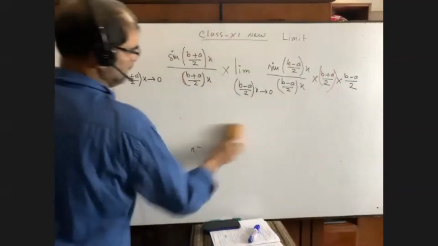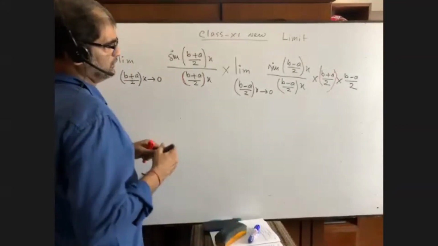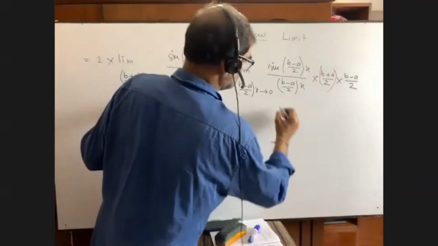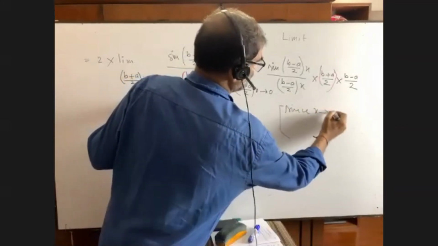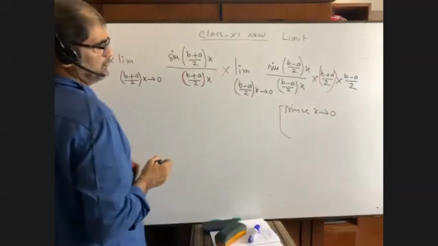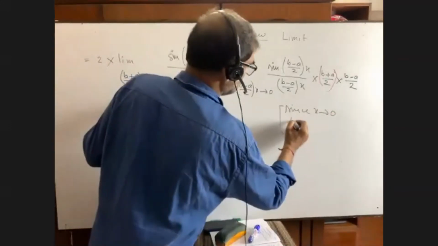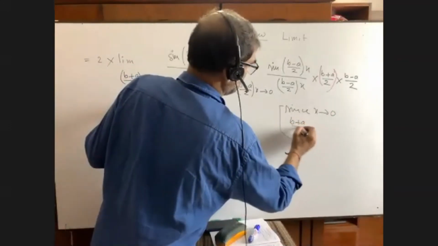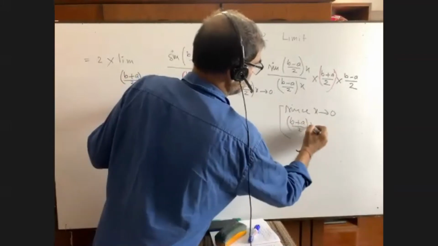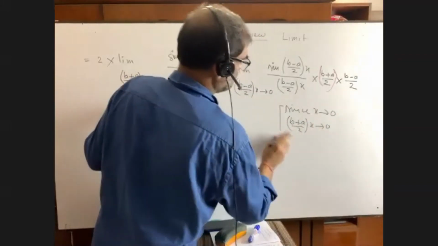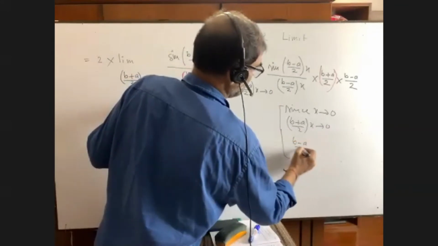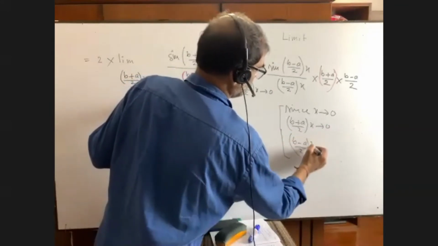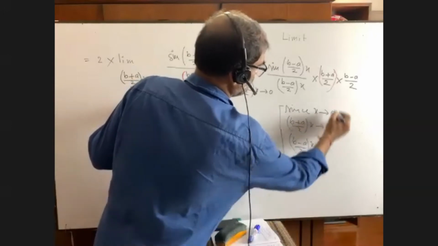Now you can write here a side note. Always you have to write it: since x tends to 0, (b plus a) x by 2 tends to 0 and (b minus a) x by 2 tends to 0.